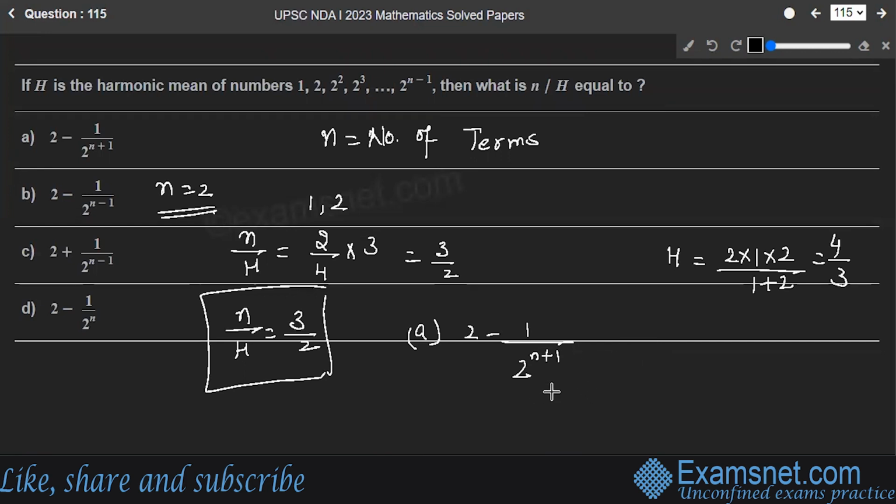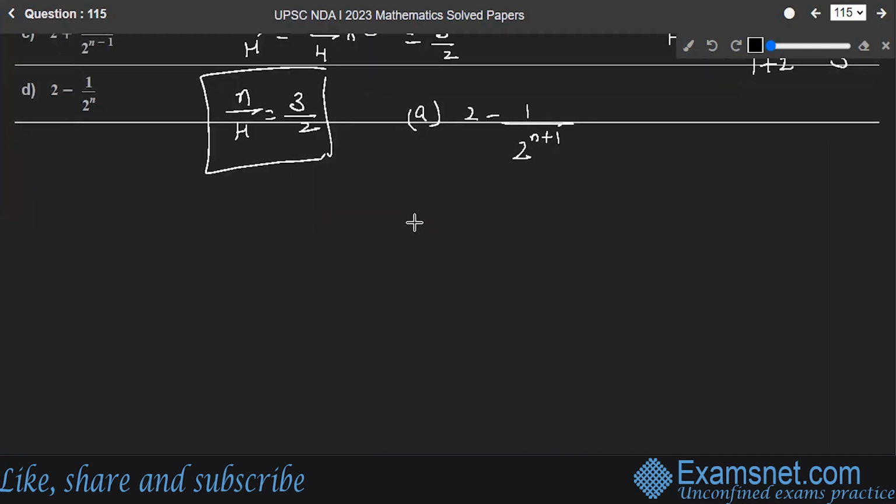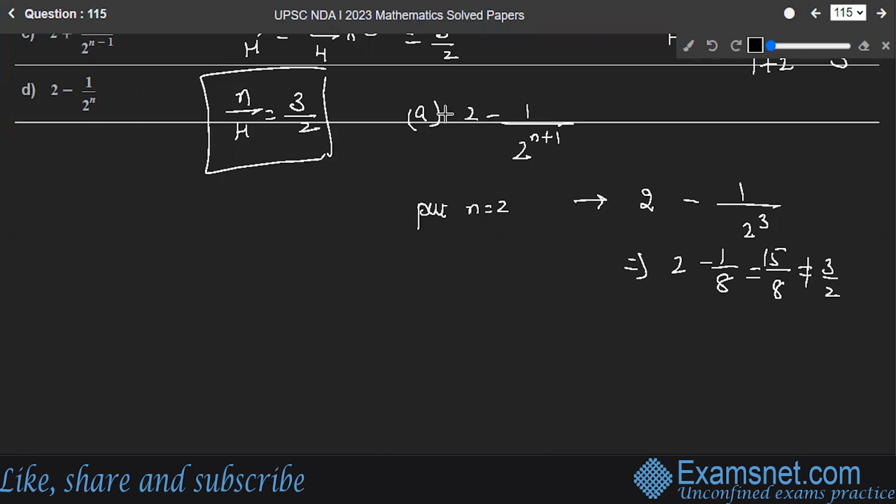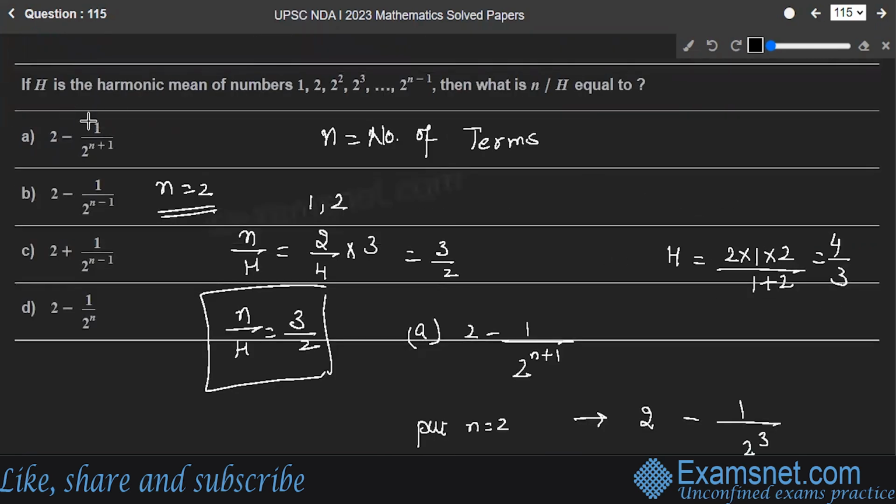Now, if I put n is equal to 2 here, this will make it 2 minus 1 upon 2 raised to power 3, which is 2 minus 1 by 8. That will be equal to 16 minus 1, that is 15 by 8. So this is not the correct one, because this is not equal to 3 by 2. Option A is incorrect.